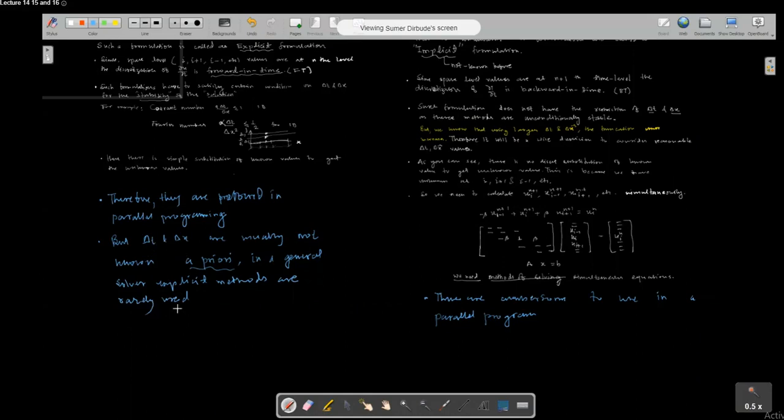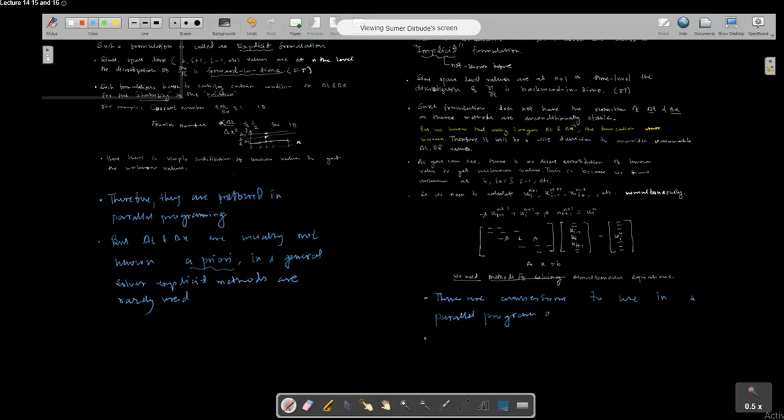But for LES, large simulation problems, these methods are very good for doing large simulation type calculations, because the time taken to calculate will be small compared to the implicit one. Here you have to do an iterative process.